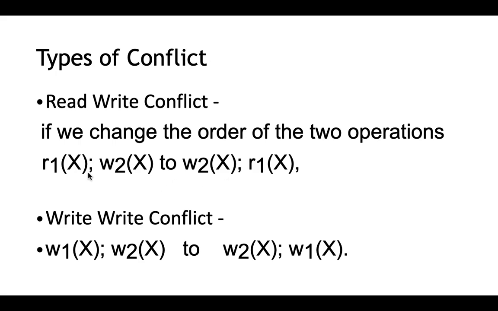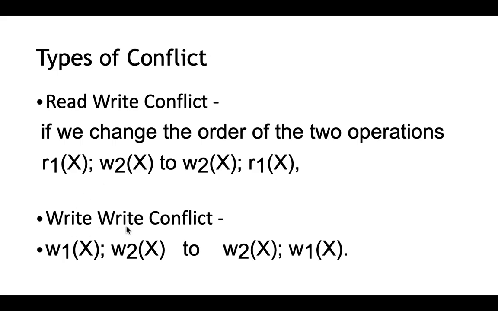What are the issues? The old value of x, say x was 5 initially, had to be read by the first transaction, and another transaction T2 is updating x by writing a new value. If W2 of x occurs first, it writes the new value to x, and that updated value is read by the first transaction. Actually the first transaction needs to read the old value. So if this order is changed, it is a conflict, and such a conflict is termed a read-write conflict.